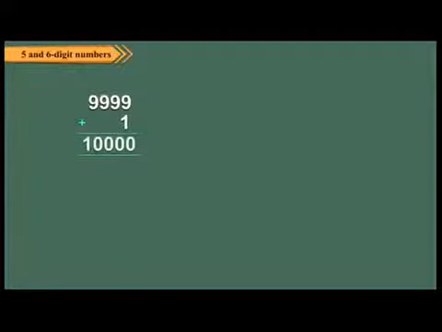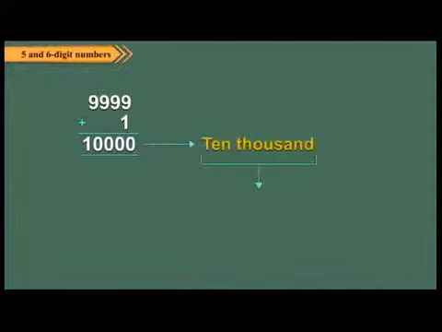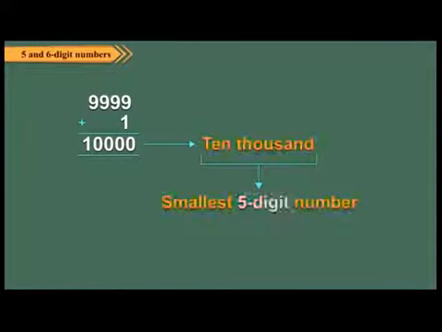Simple. We get 10,000, which is the smallest 5-digit number. We read it as ten thousand. Here, the digit 1 is at the 10,000s place.